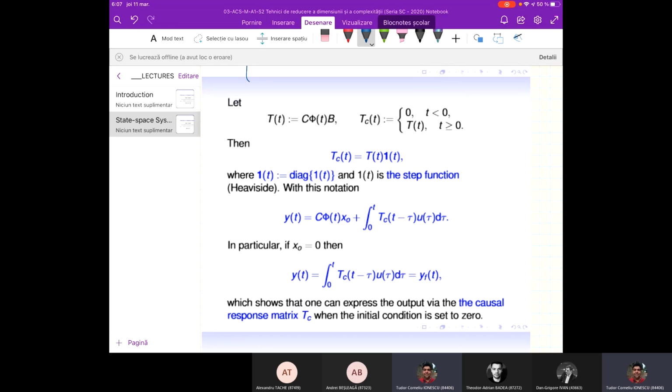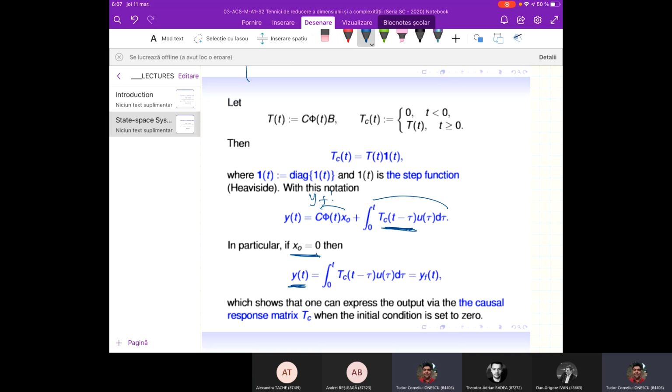With this notation, you can always write that the output y is C phi of t x0. This is the free output, the free component. And this is the forced component. If the initial condition is 0, then the output is only given by the forced component.